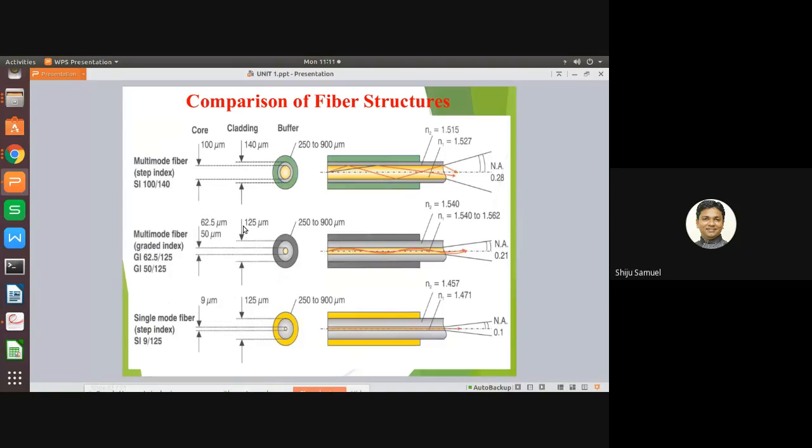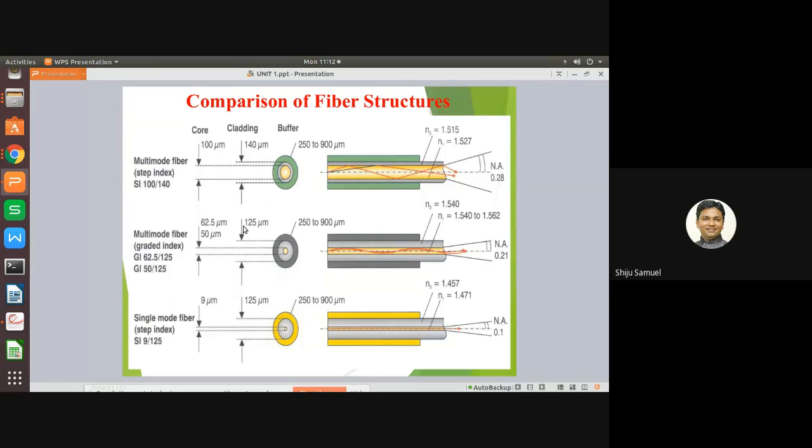We already know, three conditions are there. First, the diagram clearly shows a large numerical aperture as well as core diameter facilitating easier coupling in the multi-mode step index fiber. If you observe the third diagram, the single mode fiber, it is clearly mentioned the numerical aperture is very small.